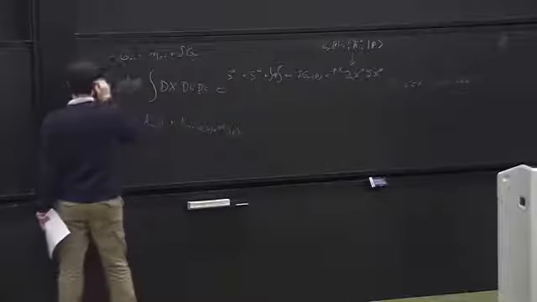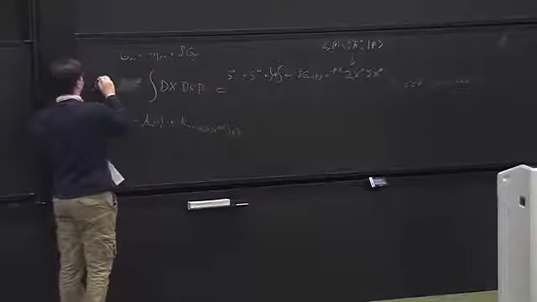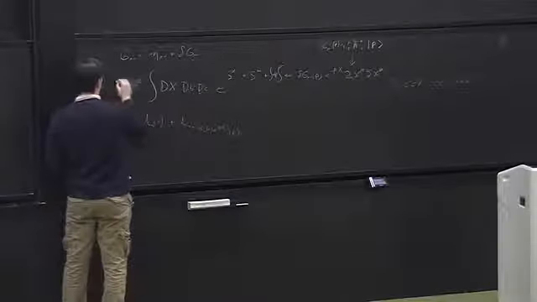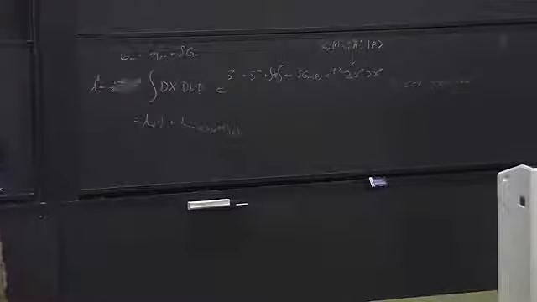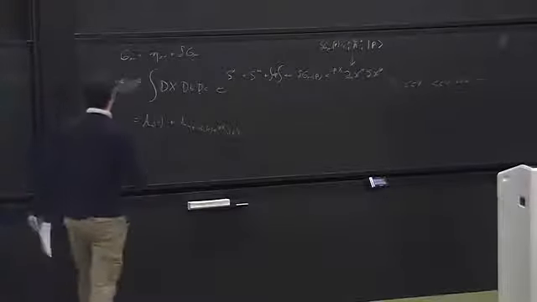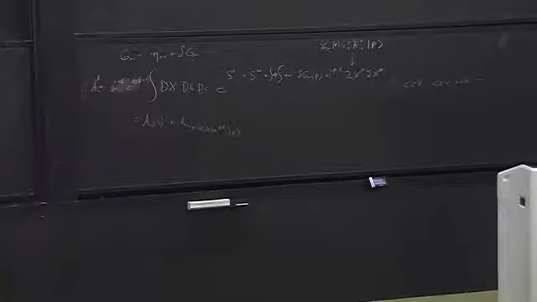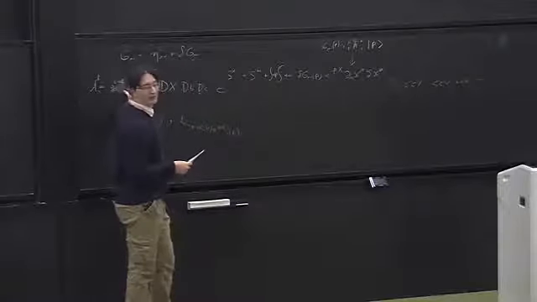Originally an amplitude at some loop level L was weighted by something like g to the 2 minus 2L in perturbation theory. If you add this dilaton coupling, you get an extra rescaling, which means that changing the dilaton, giving a vev to the dilaton, is actually the same as a change in the string coupling itself.